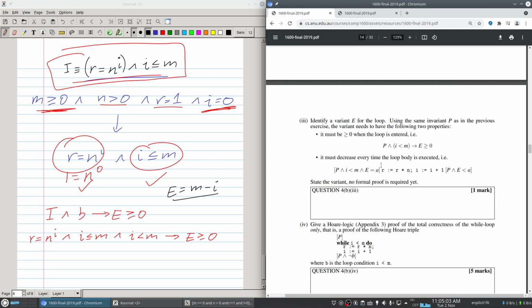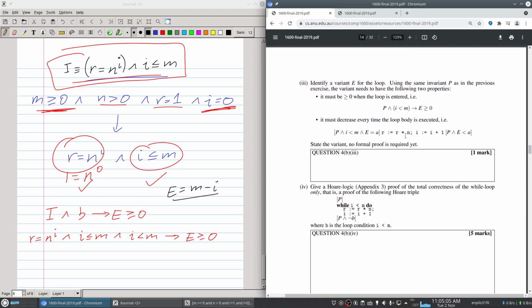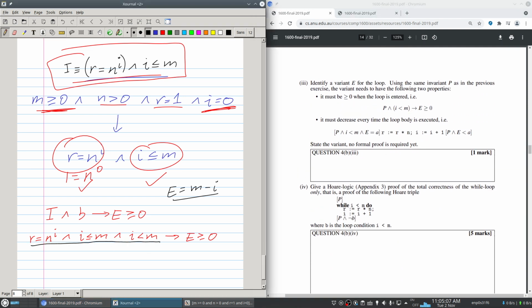And it satisfies the property we want, because these 3 properties imply that the variant is non-negative: if we rearrange, we get m take i is greater than or equal to 0, which is precisely what we want. So, what's the question say? Identify a variant. Okay, cool. Here's my variant.